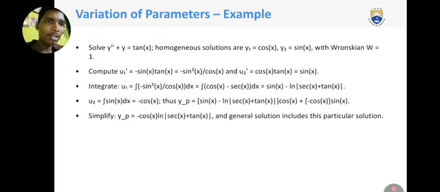Thus y_p = sin x - ln(sec x + tan x) cos x plus minus cos x sin x. Simplify. y_p = -cos x ln(sec x + tan x), and the general solution includes this particular solution.